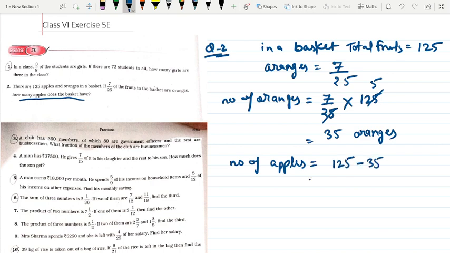The rest of the fruit will be apples. So just subtract: 5 minus 5 is 0, and 12 minus 3, that is 9, so 90. So 90 is the answer. Is it clear? Now let's move to the next question.